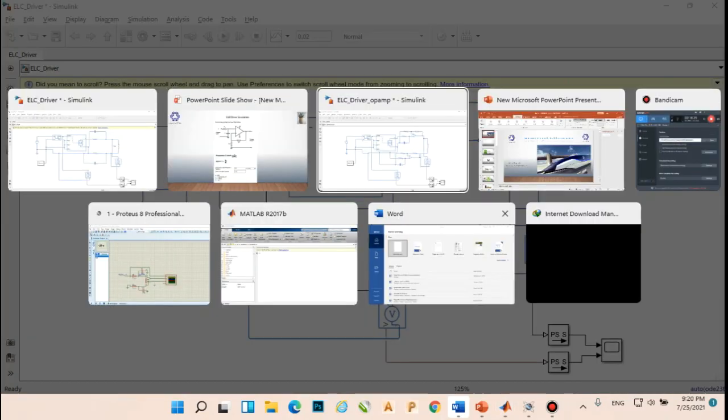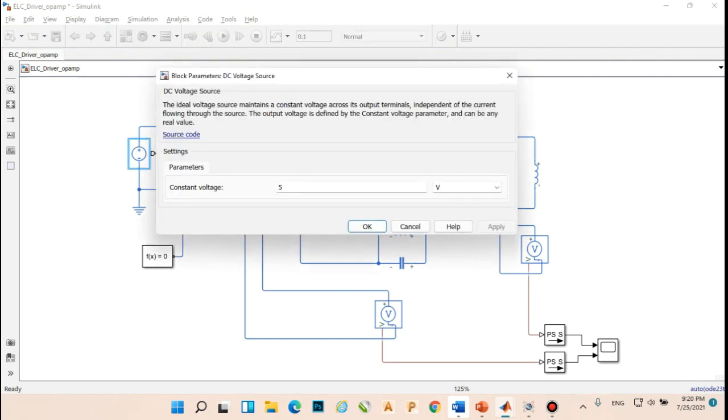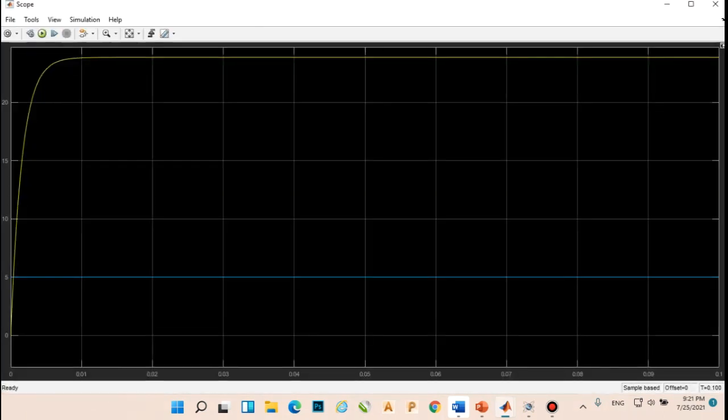If I change to this filter with the op-amp, we can set the voltage level. At 100% duty cycle, it's about 24 volt with about 10 millisecond rise time.